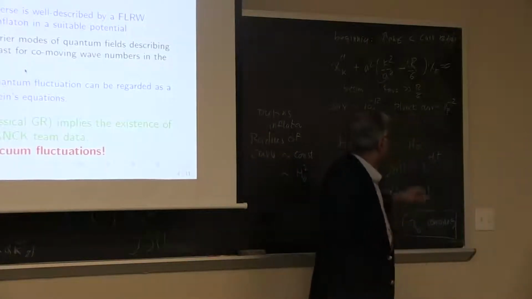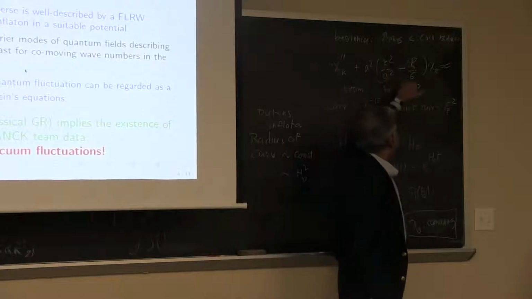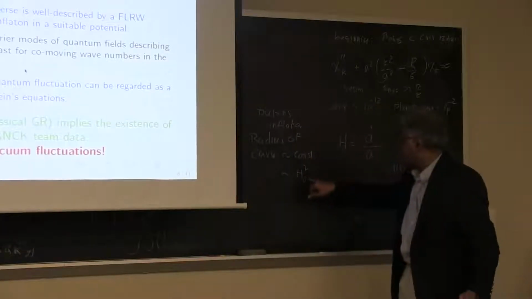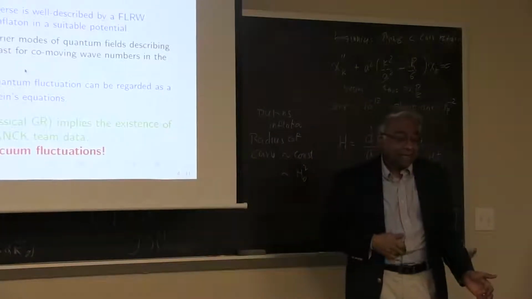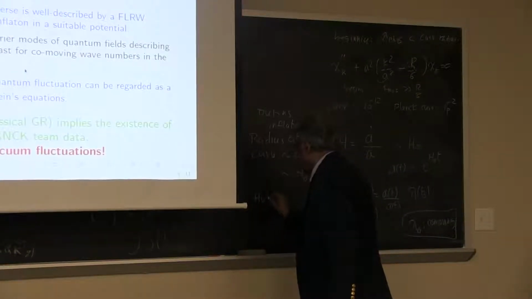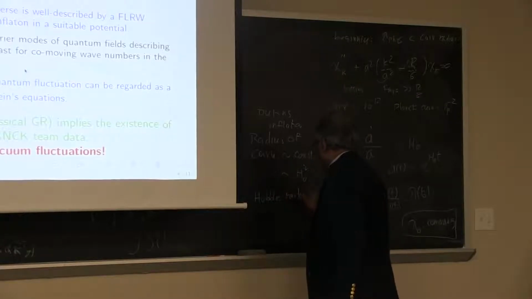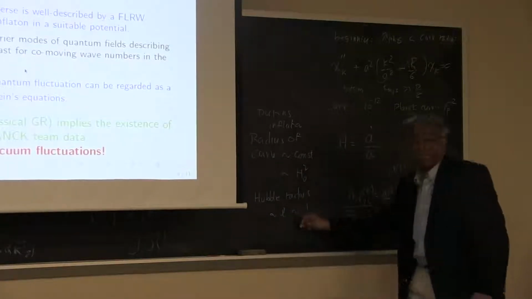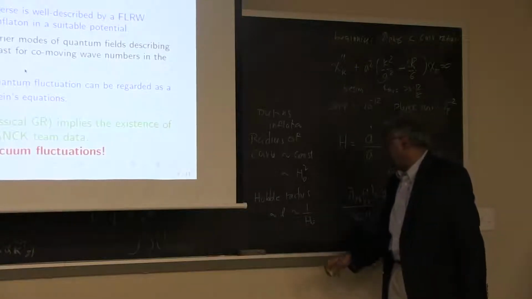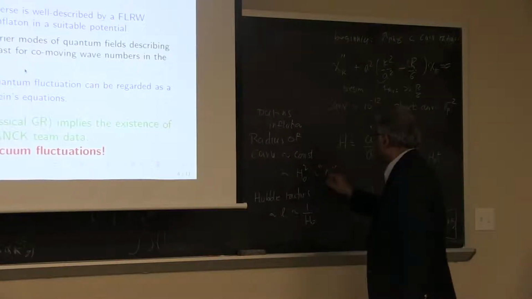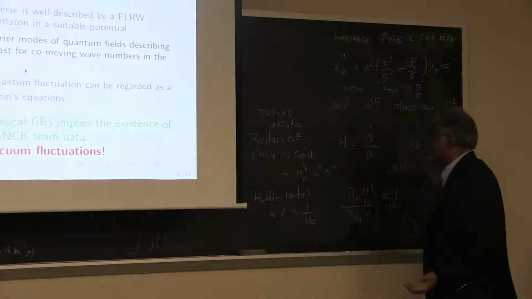So the statement is that when k by a becomes root R over 6, or the physical wavelength becomes the same as the Hubble radius, L is equal to 1 upon H0, just for dimensional reasons, no other reason, and therefore this curvature up here is the same as the effective cosmological constant, if you like, in this exponential expansion.